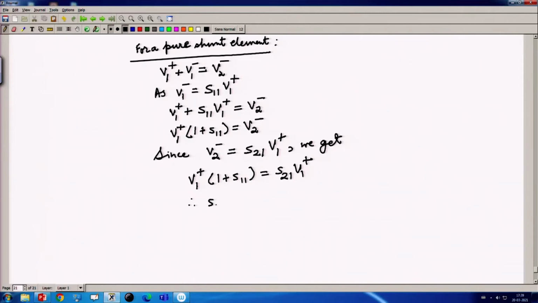Therefore, S21 is 1 plus S11, and that is equal to S12, for a reciprocal network.